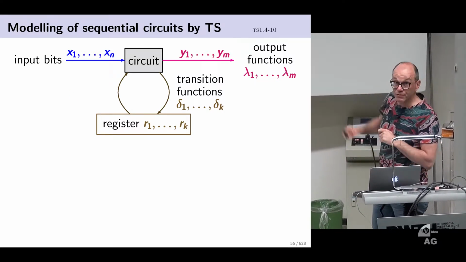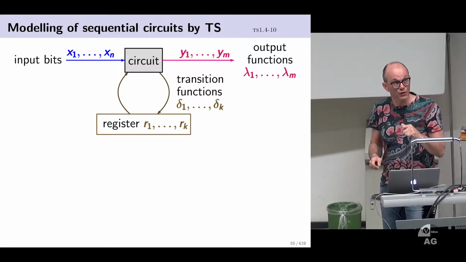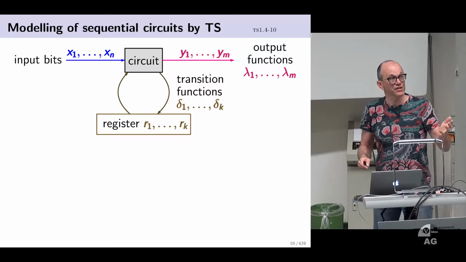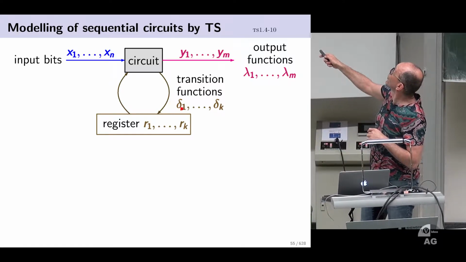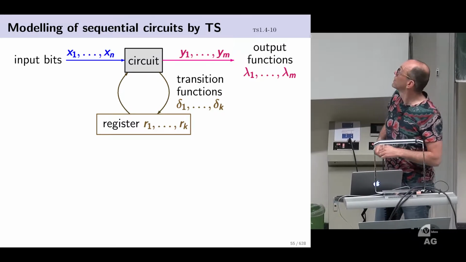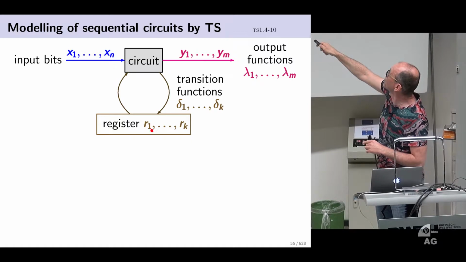Suppose that I change the input. Then there are two things that I need to tell you about this hardware circuit. First, what kind of effect does this have on the registers? This is given by the function delta. So for every register, I have to tell you if an input changes, what happens to this register.